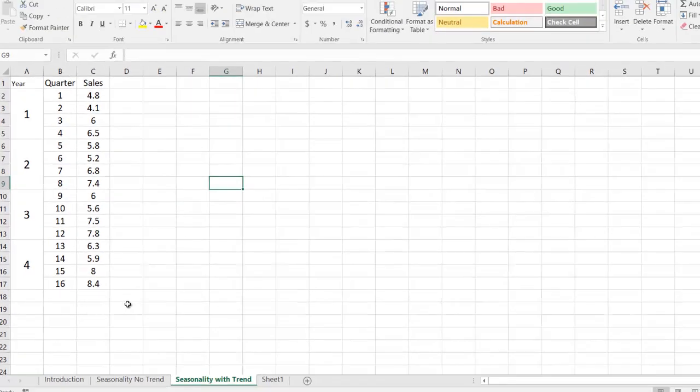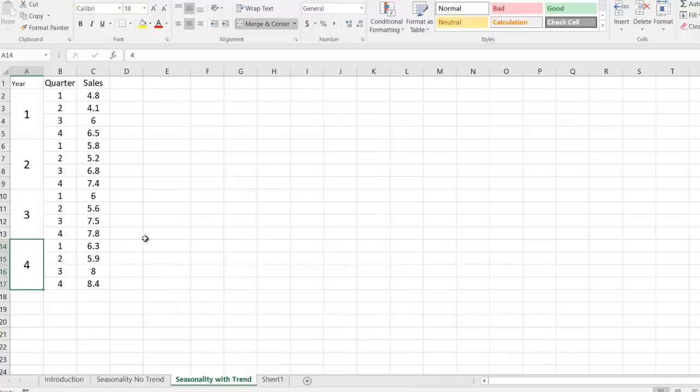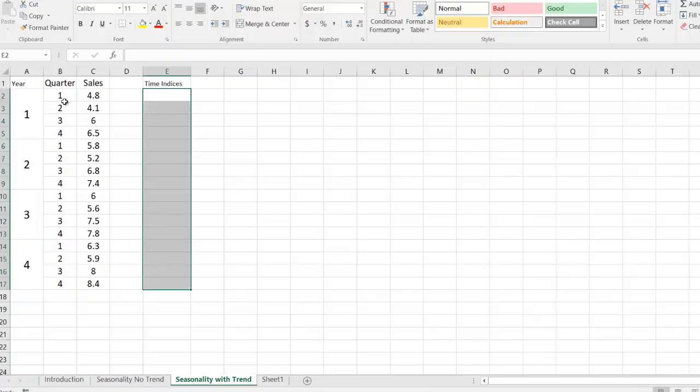On this set of data, we're going to make a quarterly forecast for year 5 using the concept of seasonality with trend. So the first part is to make the trend line using this data. First is to produce the equation of the trend line. So we're going to convert these periods into their corresponding time indices.